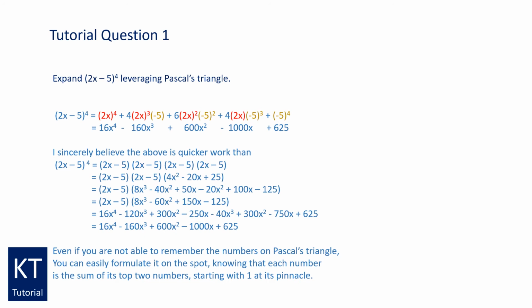This is simply the numbers on row 4 of Pascal's triangle together with 2x in decrements from its order of 4 and minus 5 in increments to its order of 4, which is quicker work than multiplying (2x minus 5) against itself 3 other times.